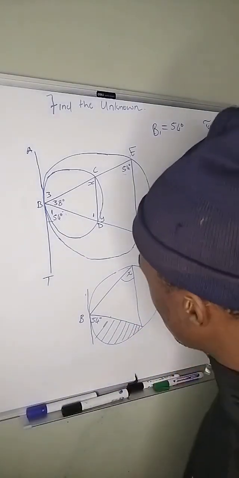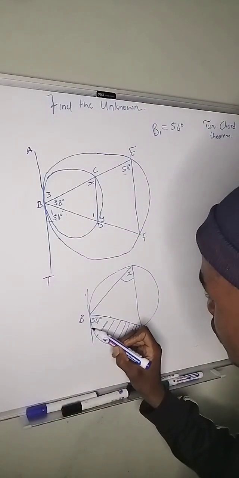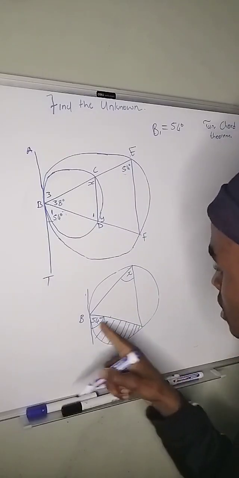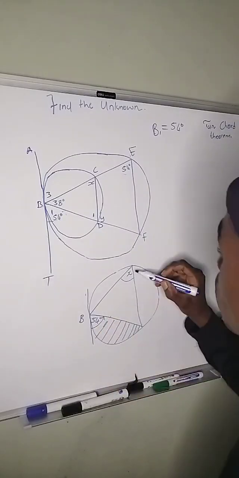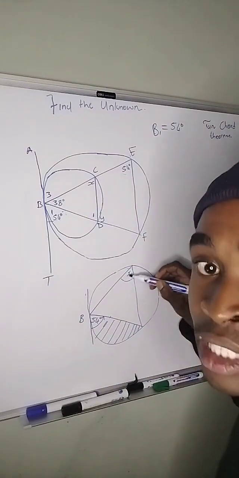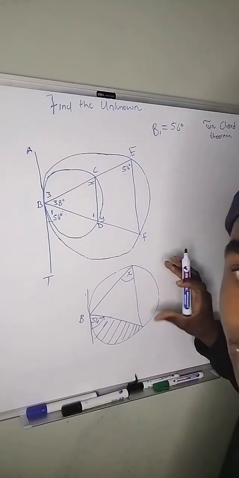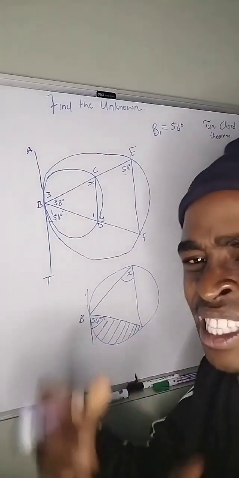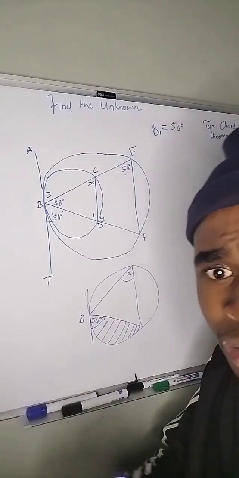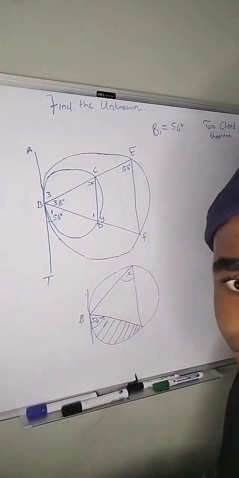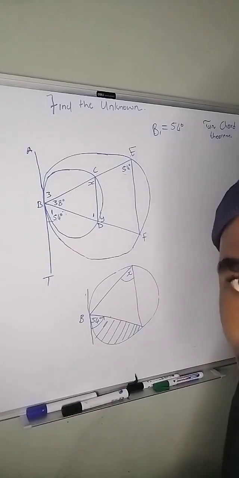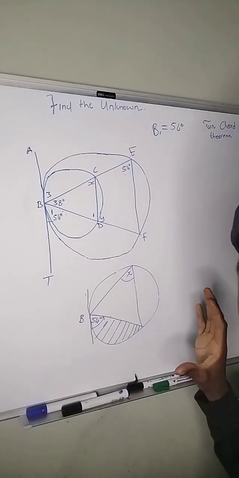So now, this 54 on this segment is going to be equal to the x on the minor segment. So is that clear, guys? Is that clear to you? So that we move.